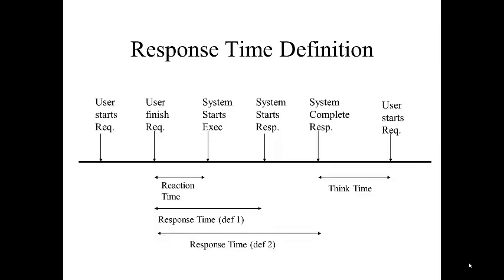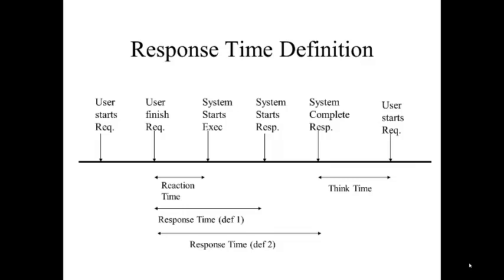So here's a timeline of how a request would go through the system. You would begin with the user starting the request and then finishing it. Then the system starts its execution, does its processing, starts the response, completes the response, and then the user starts another request. So you can see the reaction time is between the user finishing the request and the system starting execution.